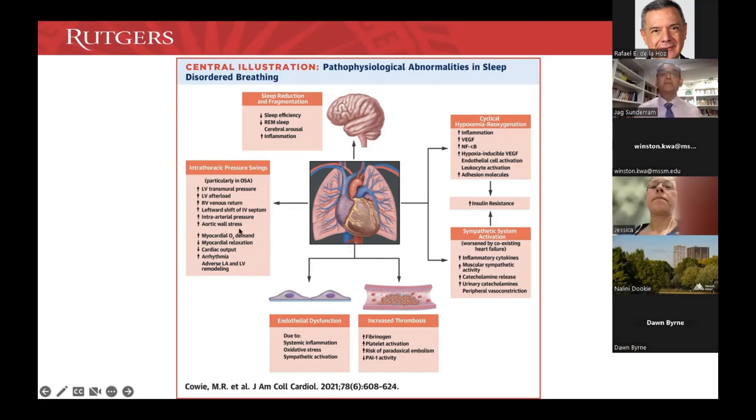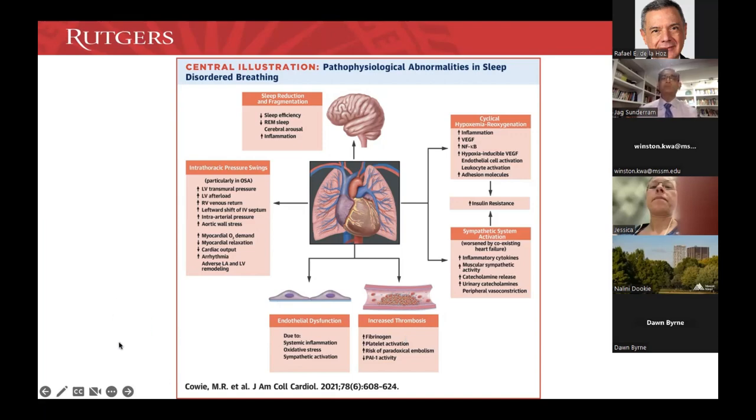In addition to the direct mechanical pressure swings and sympathetic activation, there's also direct evidence of endothelial dysfunction due to the systemic inflammation, the oxidative stress from the repeated intermittent hypoxia, and also increased concern for thrombotic events with activation of platelets and the coagulation pathway.